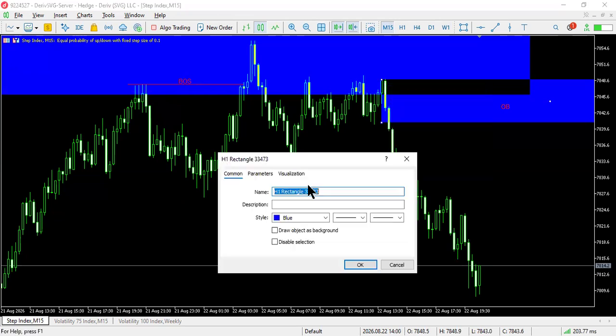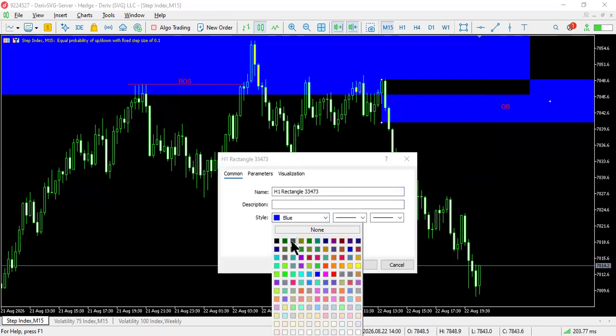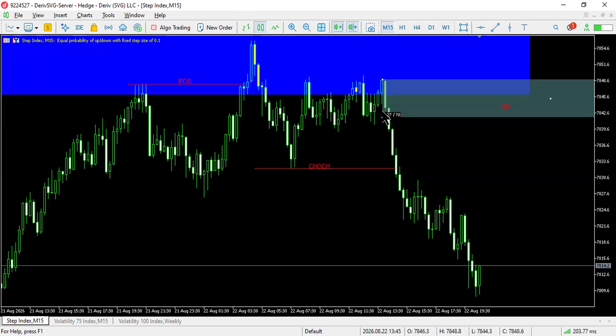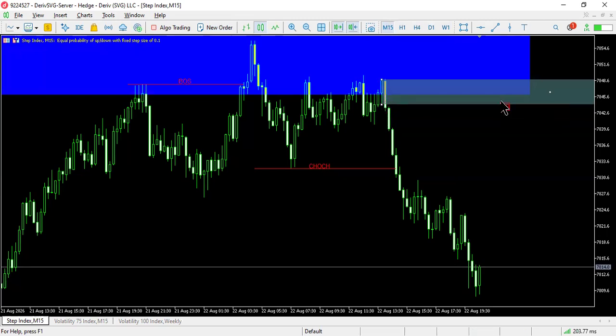And then our order block at that level, right there. And then we have these breaks of structure that price is creating here.